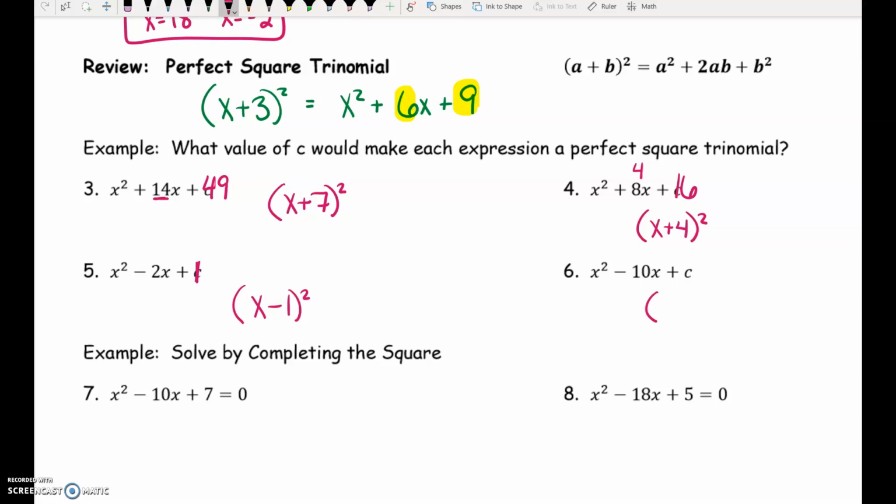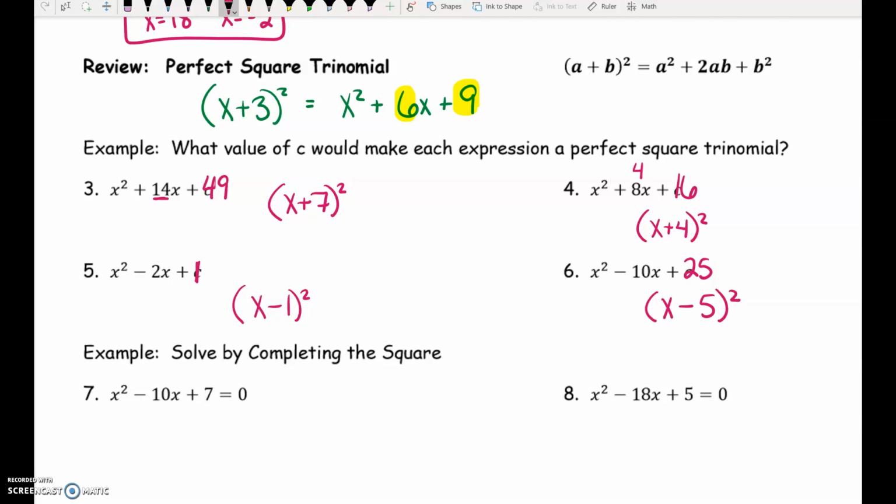What is half of negative 10? Negative 5. And negative 5 squared is positive 25. So when you take half of the middle number, that's the number that goes in the factored form in the binomial squared. Then square that, and that's what your last number is.